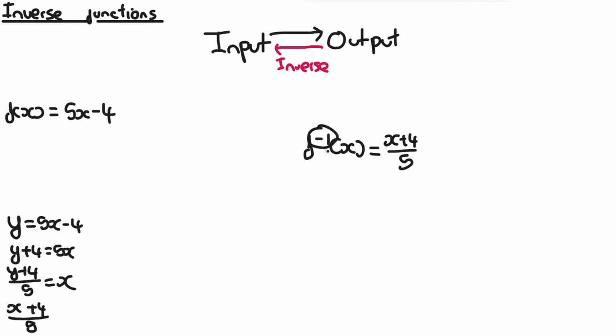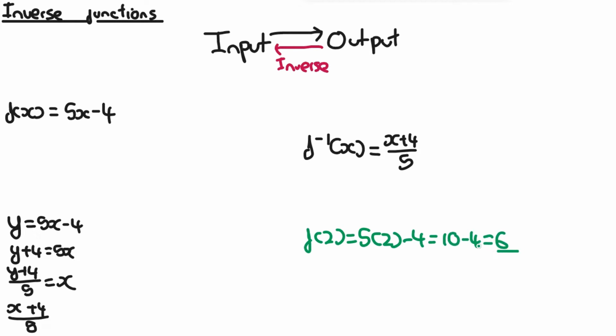We call the inverse f minus 1. We've seen writing inverses like this before in trig, for example, when we say the inverse of sin of x is equal to sin minus 1 of x. And we can see that it's the inverse based on this up here. By putting any input into f of x, I'm just going to put in 2. So we do f of 2, and this is equal to 5 times 2 minus 4, which is equal to 10 minus 4, which is equal to 6.